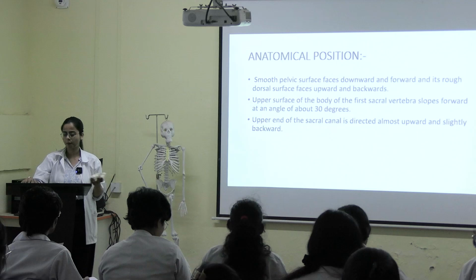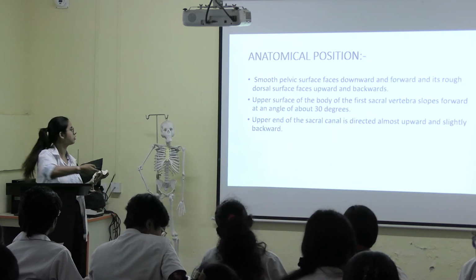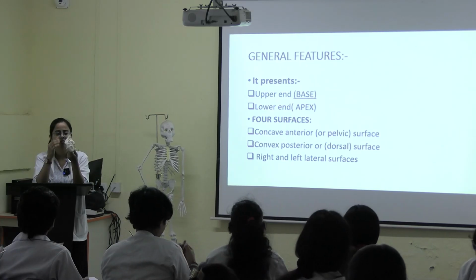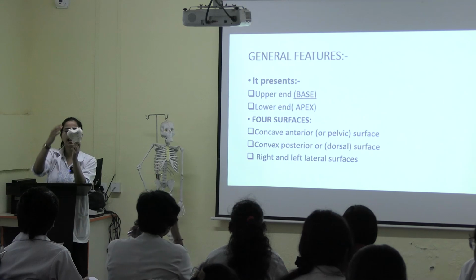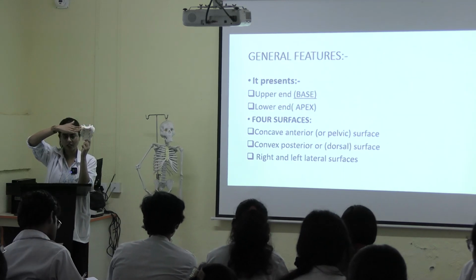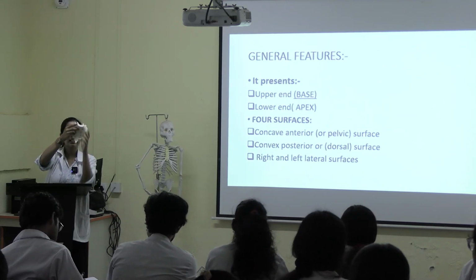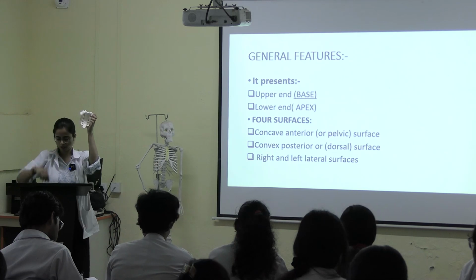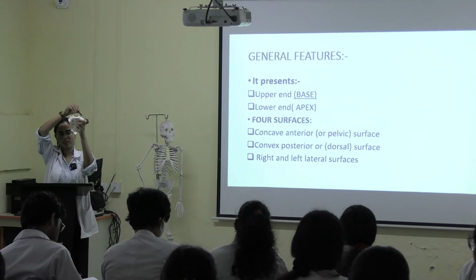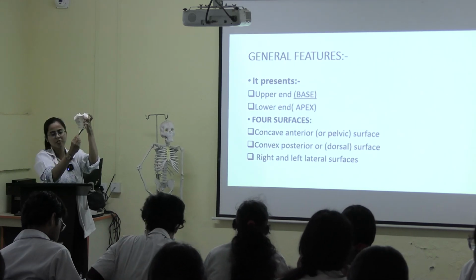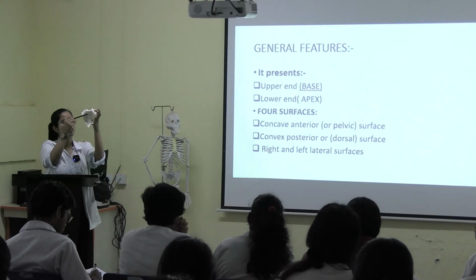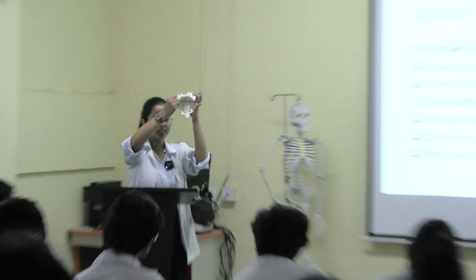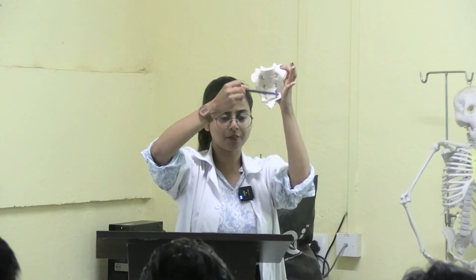Clear? Anatomical position. Now the parts of the sacrum. It has a base, which is the upper part, and an apex, which is the lower part. Then the surfaces. This is facing the pelvis, so this is the pelvic surface or anterior surface.